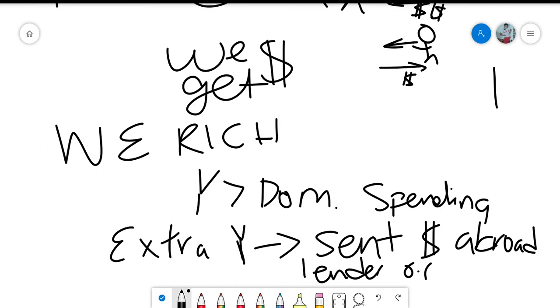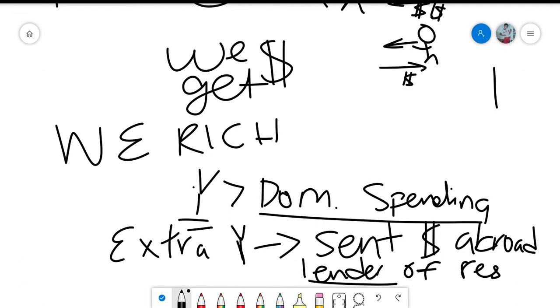If we're rich, our income is greater than our domestic spending, and with the extra income we can just leave it here and do nothing with it. But hello, time value of money. So we send the money abroad to finance foreign investments. So we are a lender to the rest of the world.